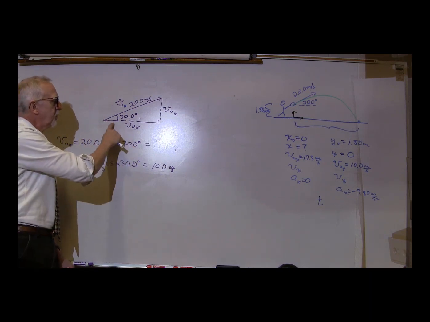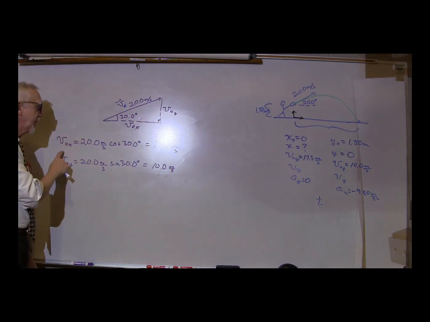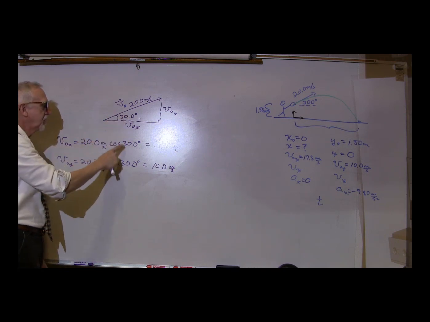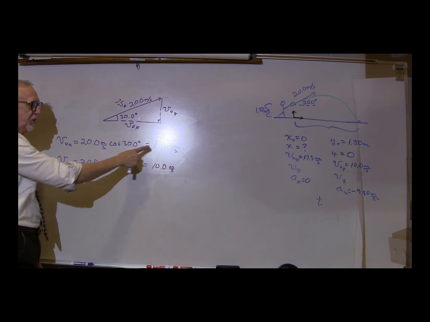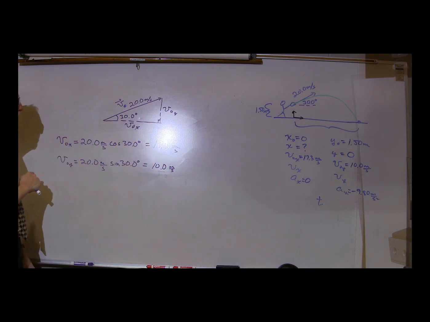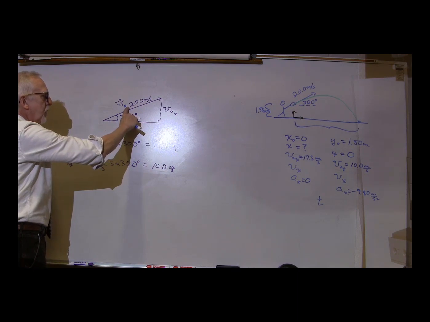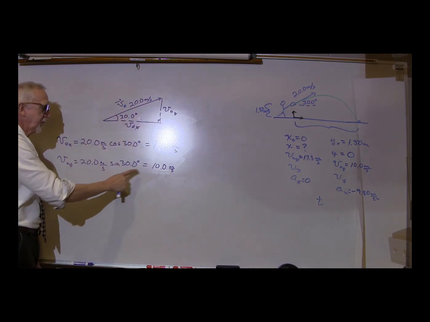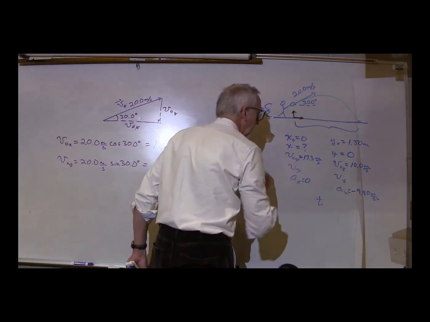So v naught x would be this side of the triangle, v naught y would be this side. So v naught x is the initial velocity cosine of the angle, so 20 meters per second cosine 30, which is 17.3 meters per second. And v naught y will be 20 meters per second sine 30, which multiplies out to 10 meters per second. So we put that in for v naught x and v naught y.